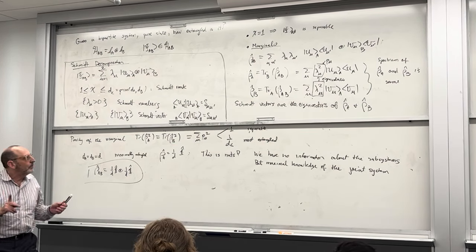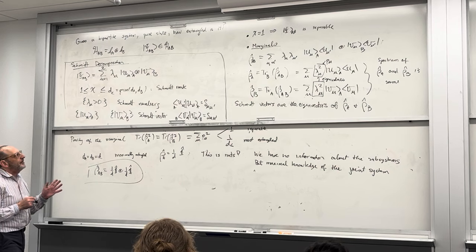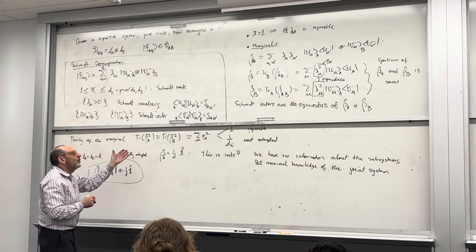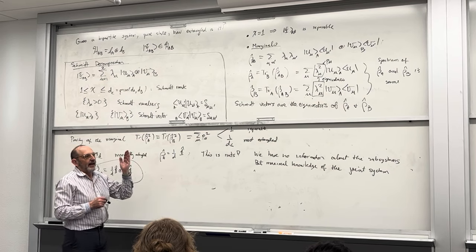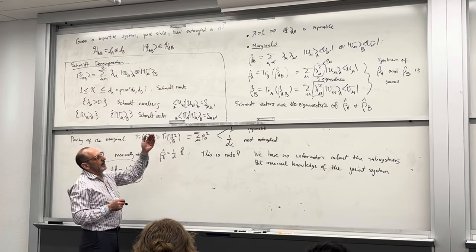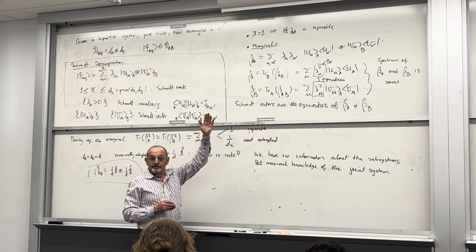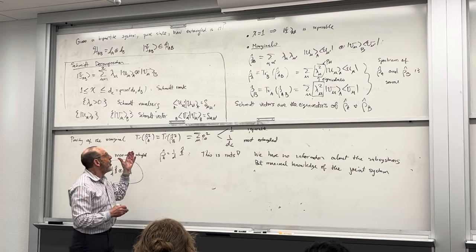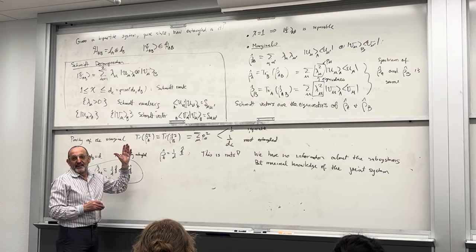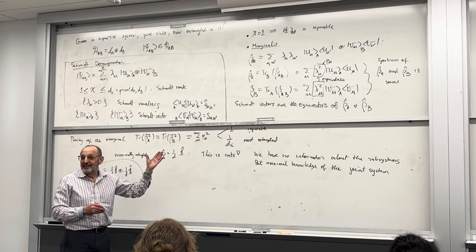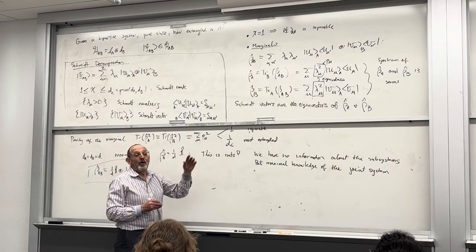Okay, I want to conclude with maybe one other piece of this story, just to continue about the general properties. So one way of quantifying how entangled the pure state is, is by looking at how noisy or how much information I'm missing in the marginals.